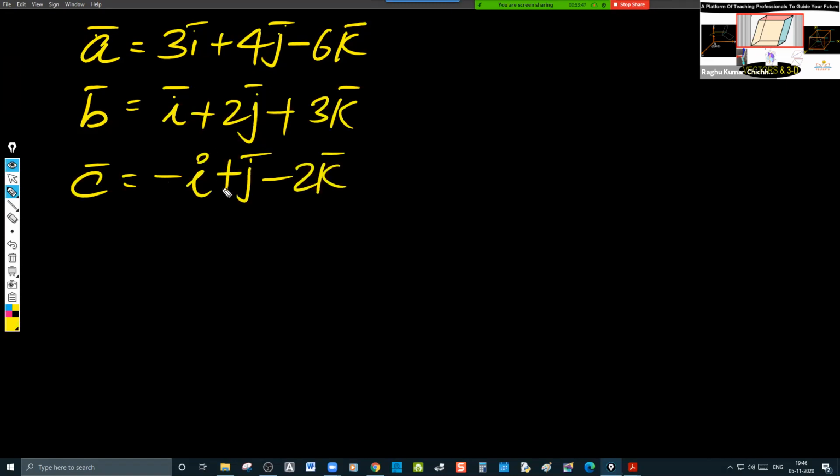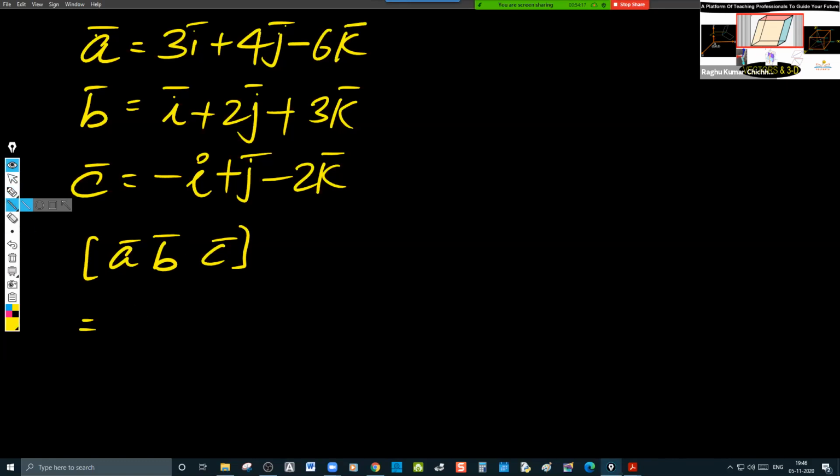Now these are three vectors. You want to understand whether these three vectors form a right-handed system or a left-handed system. So the very simple thing is that you have to find box ABC for this. I'll give a detailed explanation after the cross product, but because the situation has come, I'm taking it up.